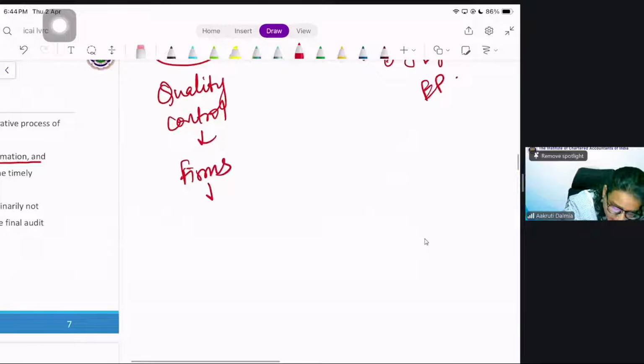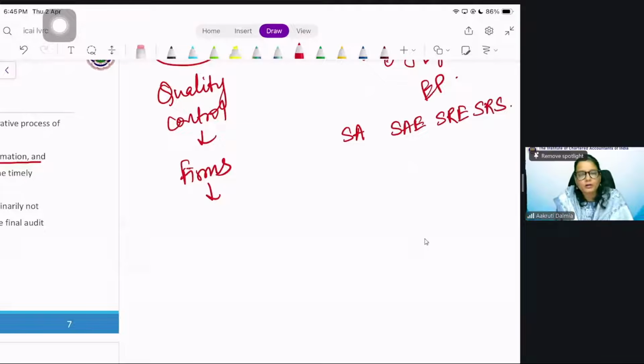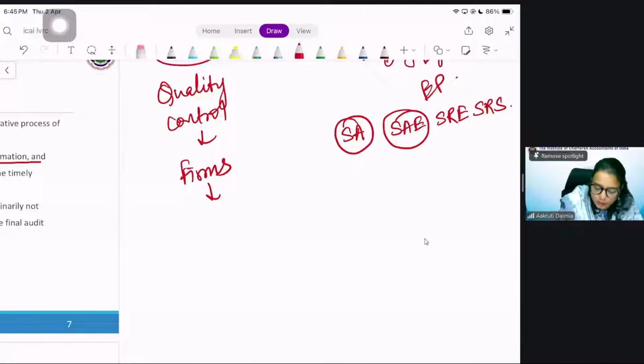What work can these firms perform? Do you remember the engagement standards: SA, SAE, SRE, SRS? Four engagement standards are there: Standards on Auditing, Standards on Assurance Engagements, Standards on Review Engagements, Standards on Related Services.